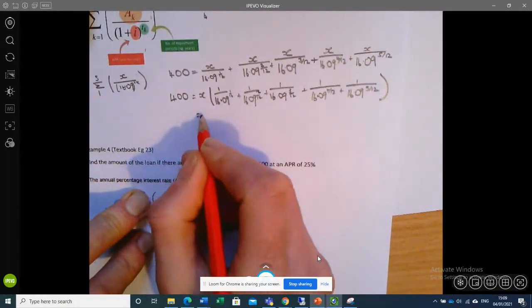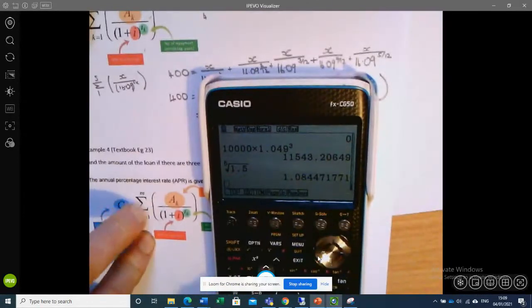I'm now going to calculate that on my calculator, so you're literally going to have to type all that in.